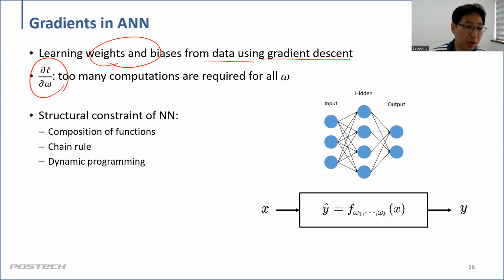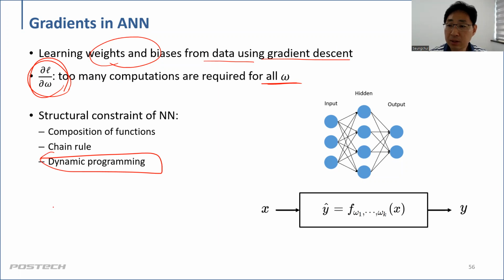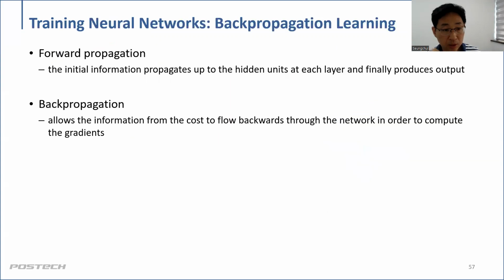But if you have so many weights and bias, then that means we have so many computations to compute the partial derivatives with respect to all the omegas. So the answer is that we're going to use dynamic programming. Dynamic programming. How? Let's see.